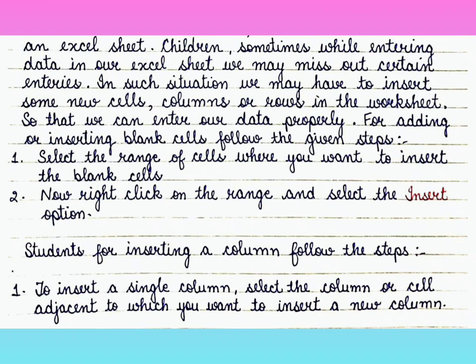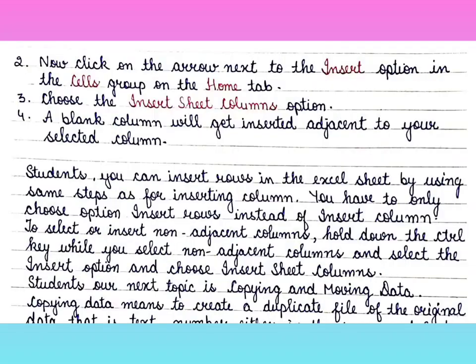Students, for inserting a column, follow the steps. Number 1. To insert a single column, select the column or cell adjacent to which you want to insert a new column. Number 2.